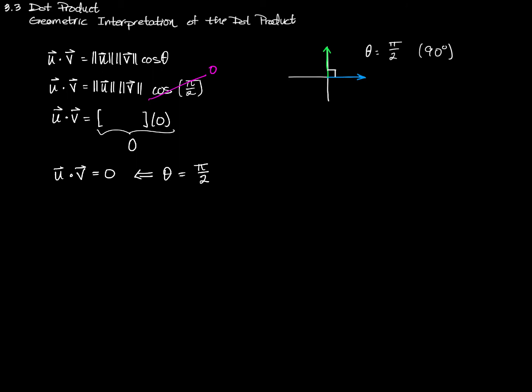As it turns out, it happens in the other direction as well. If I know theta is pi over 2, if I know I have a 90-degree angle between two vectors, then the dot product is going to be 0. But just as powerfully, perhaps even more powerfully, if the dot product is 0, I am guaranteed that the angle between those two vectors is 90 degrees or pi over 2 radians. That's pretty powerful stuff.